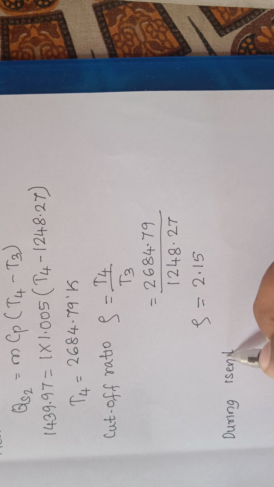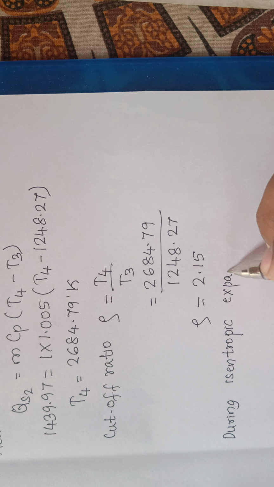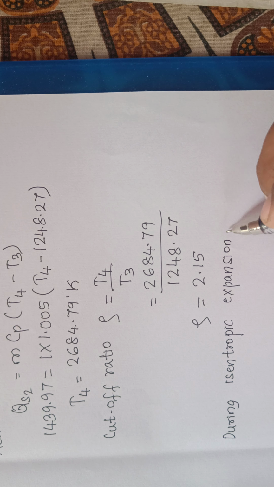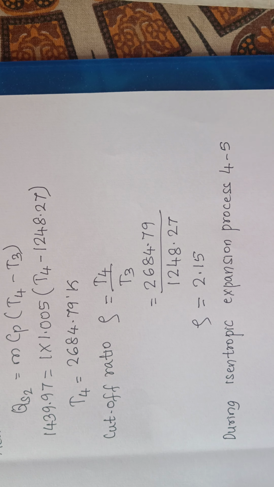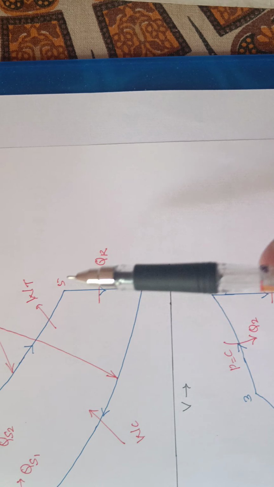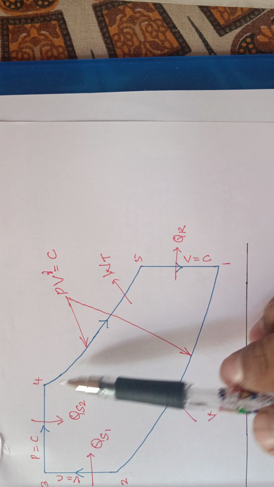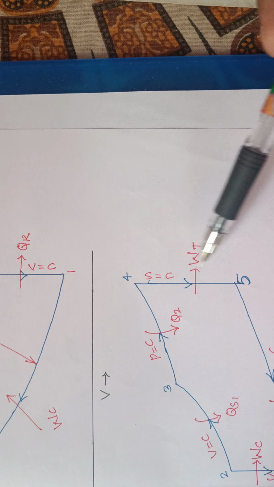Upon getting the value of rho, next find out the value of T5, that is during the isentropic expansion process 4 to 5. Again I will show you this with the help of a PV and TS diagram. You can see the isentropic expansion process 4 to 5, which is shown on the TS diagram now.